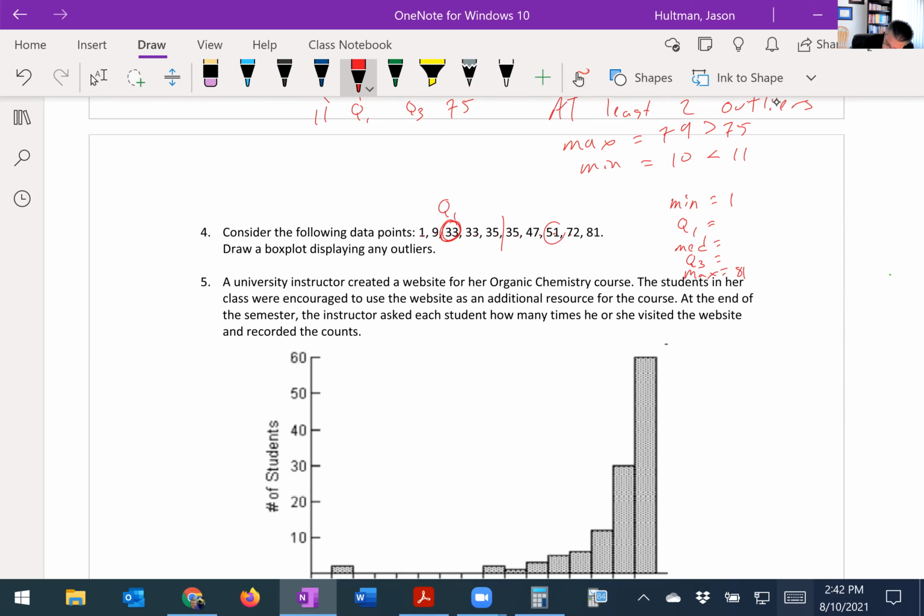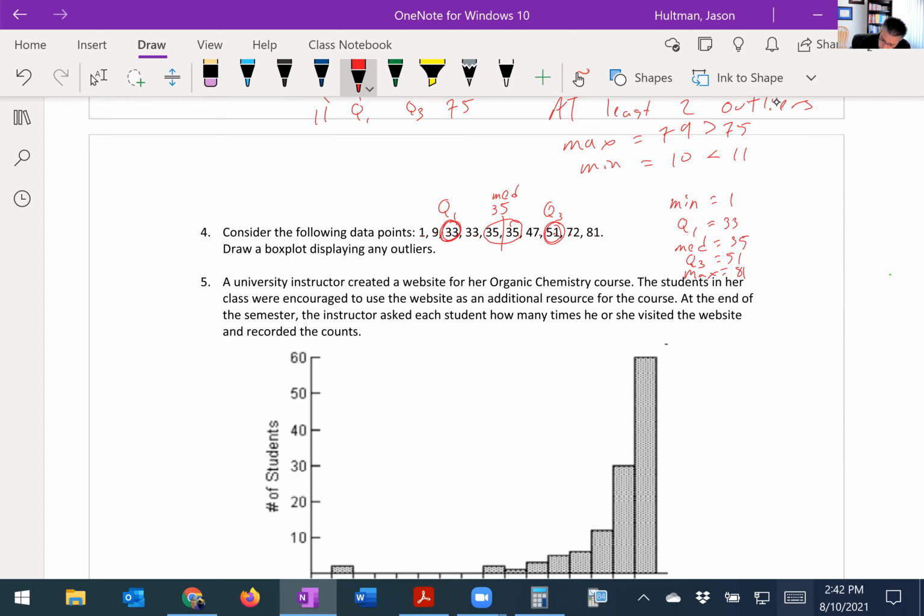The middle of the upper half is Q3. And how do I find my median? Well, it's just the average of these two. But if I take the average of 2 numbers that are the same, I get the same number. So the median is 35. This is going to be 33, and this is going to be 51.